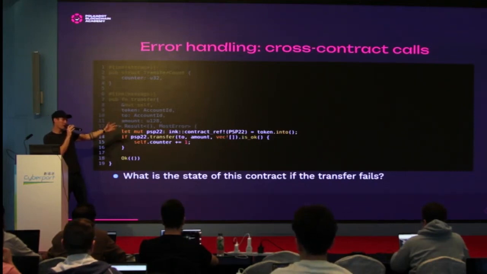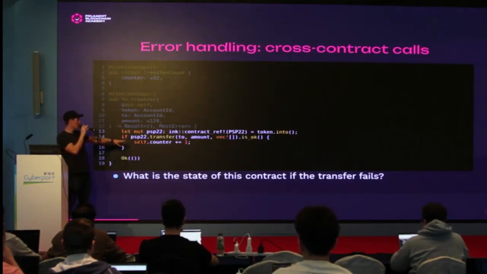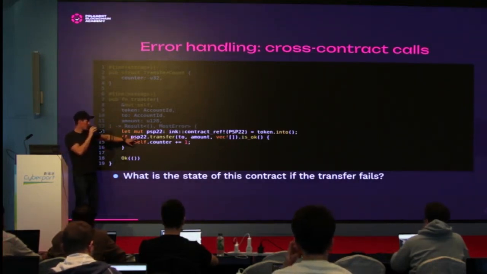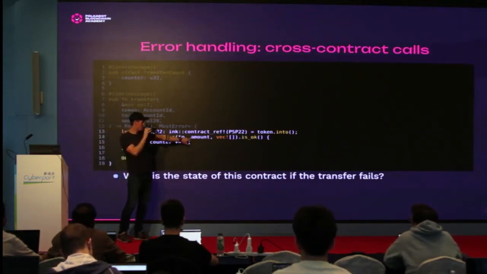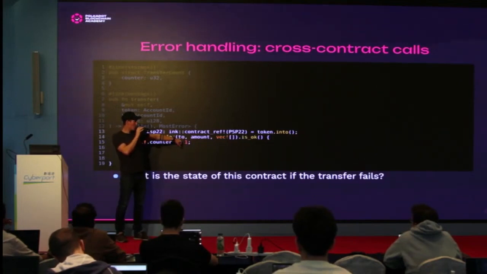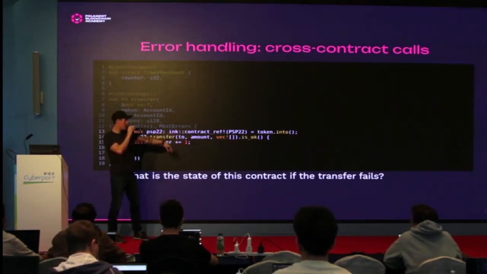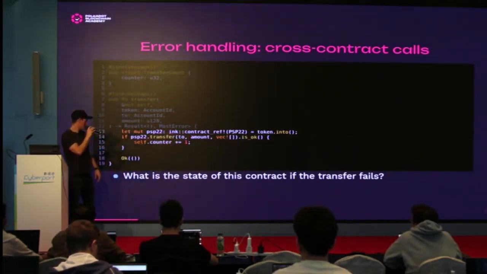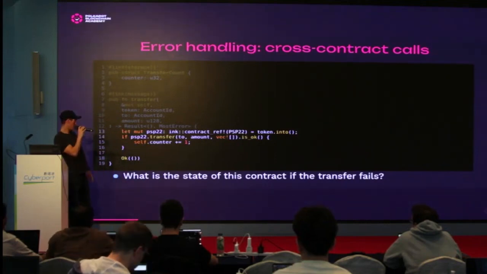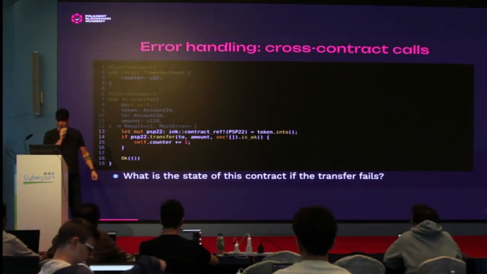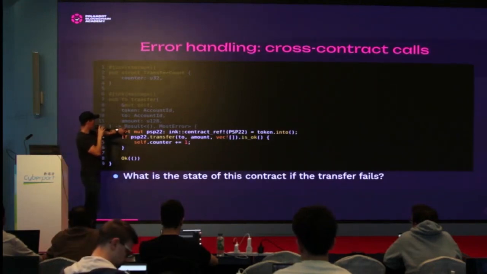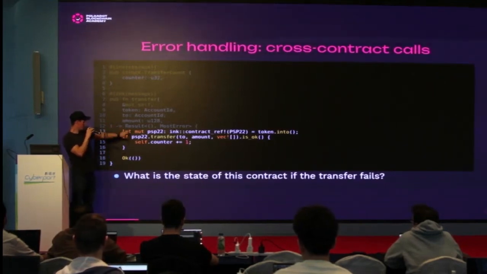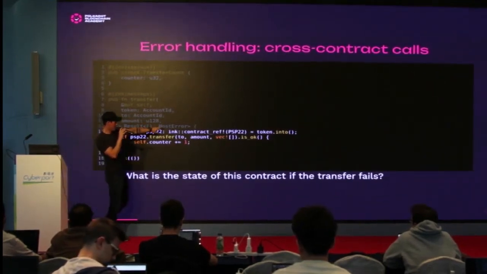PSP22 is basically, think ERC20, and it makes a cross-contract call to it. It calls this transfer function to transfer some amount to this account and passes some empty data at the end of it. So here's the question: what is the state if this transfer failed? It can return a success or an error variant.